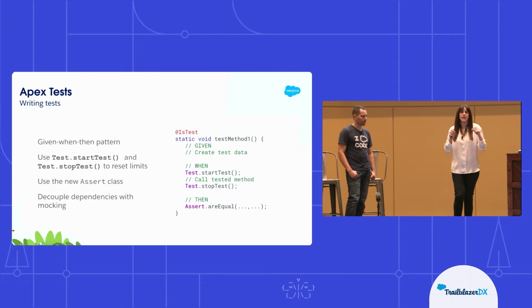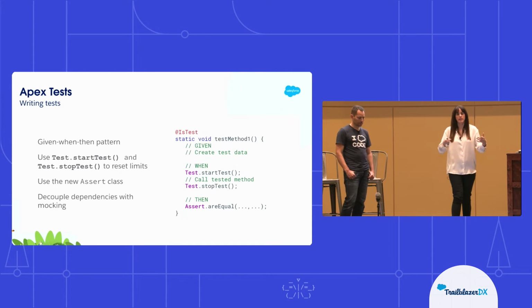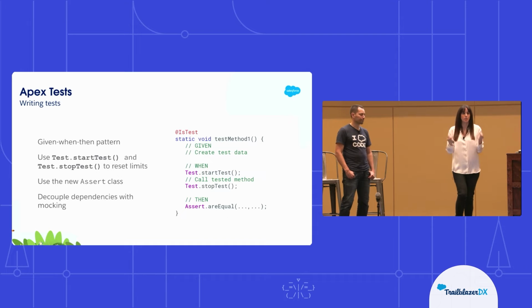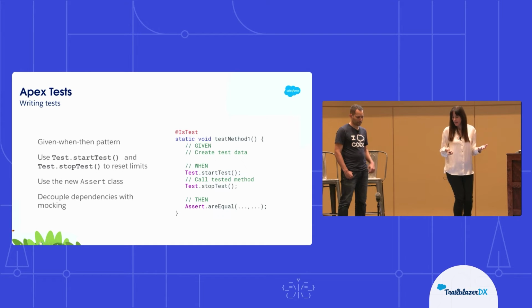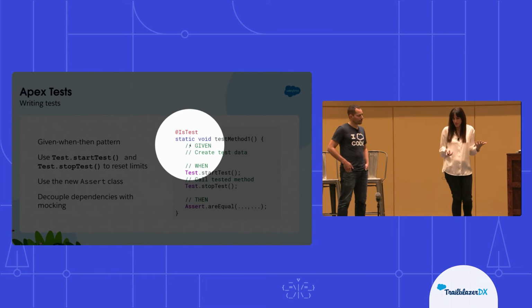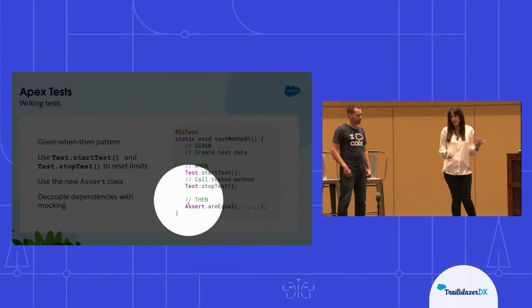And second, they synchronize asynchronous code. So if you are calling a method that is executing asynchronously or a batch process, you need to do it between startTest and stopTest. And that is a best practice. The other thing that I always recommend regarding unit testing is to use the given, when, then pattern.